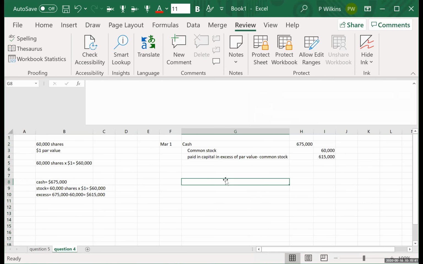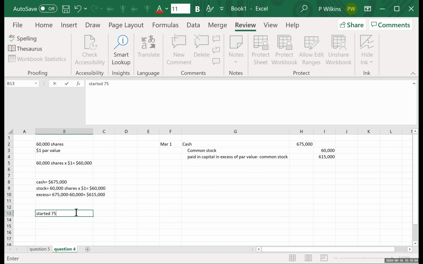Okay, let's go to the second one. June 1. Declared a cash dividend of $2 per share to stockholders of record on June 15th. Again, you're not going to see this on the test, but we're going to do it here anyways. We started with 75,000 shares. Then we add that we sold 60,000 more, so that gives us a total of 135,000 shares. We multiply that by $2 a share, and that gives us $270,000.